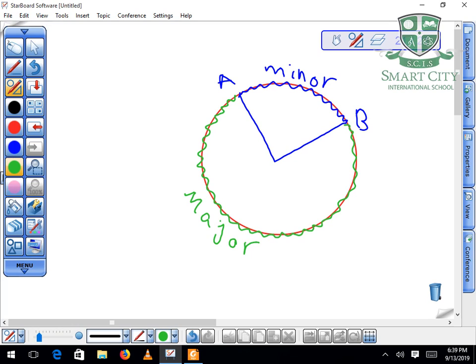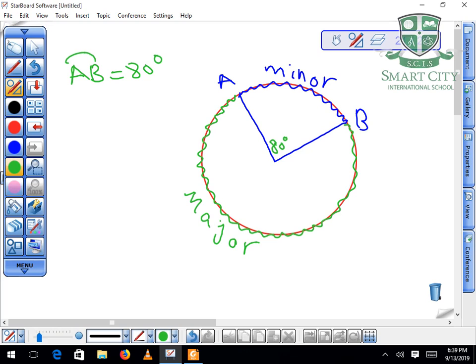The measure of the arc is exactly the same as the measure of its opposite central angle. So if this is 80 degrees, it means arc AB measures 80 degrees as well.